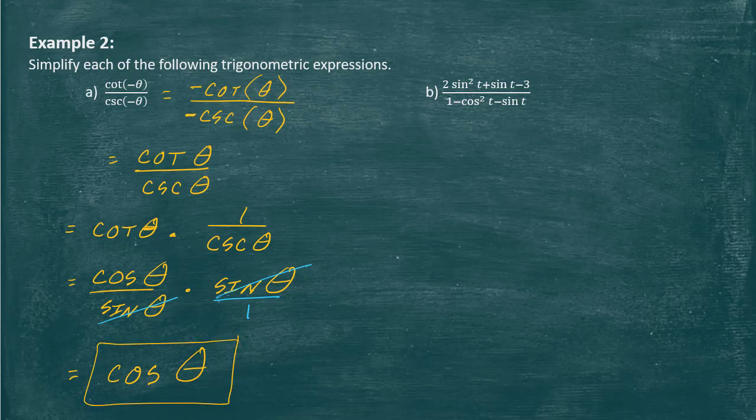So what was relatively ugly at the beginning with a couple of negative angles actually turned into a relatively simple, easy to deal with trig function where there weren't even any powers or negatives at all. It was just the cosine of theta that it was able to simplify to. So this is one of the peculiar things with these trigonometric functions: there often is a way that you can always manipulate it to make it turn into something else.